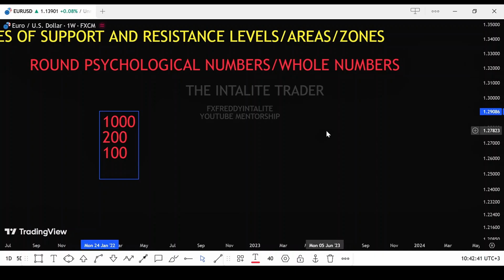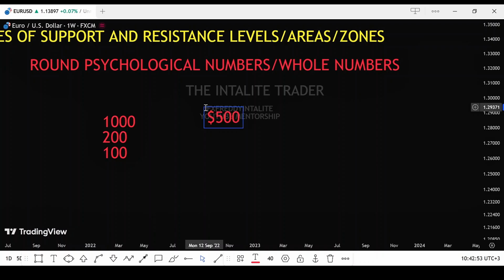So if we are referring to stocks, we can say maybe a $500 level, or a $1,000 level, or a $100 level.